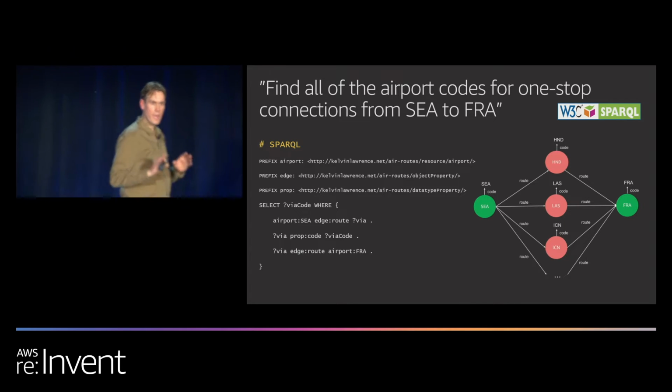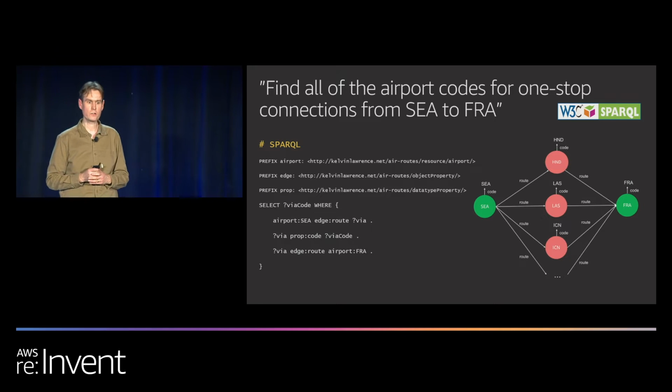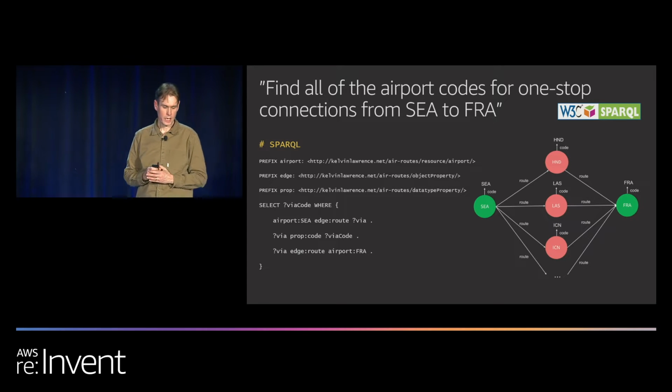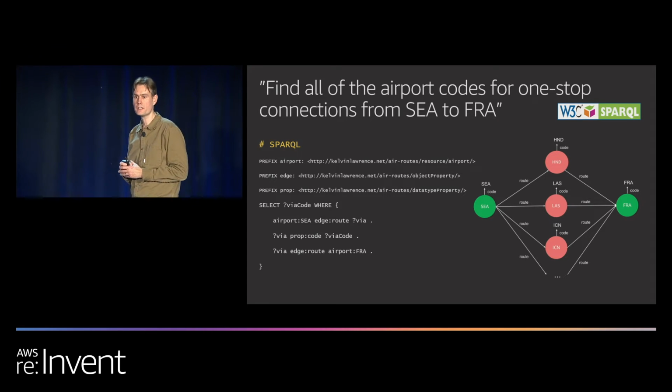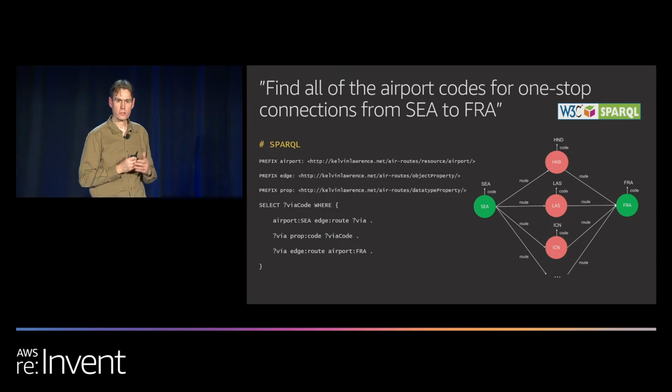If you look at the graph model here, you'll see that rather than using an integer, which is something that means something specifically to an application, these are actually IRIs. In this case, the IRI is formed by combining the prefix with the airport code. So it's something that can be resolved outside of the system.